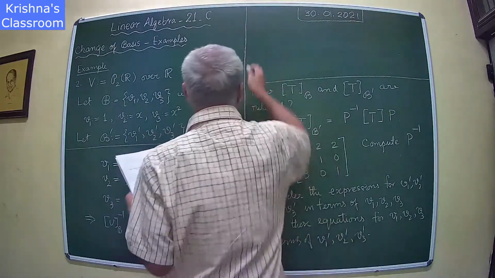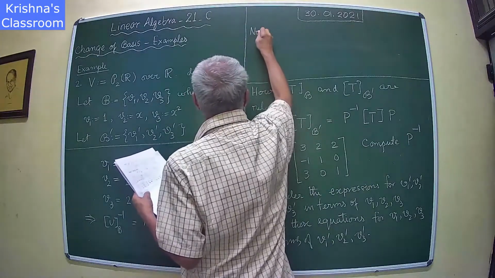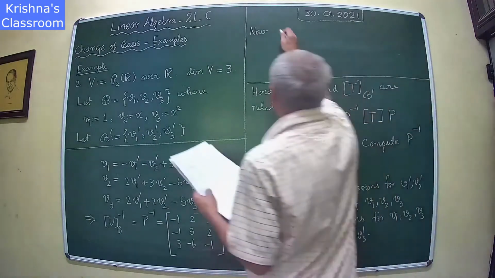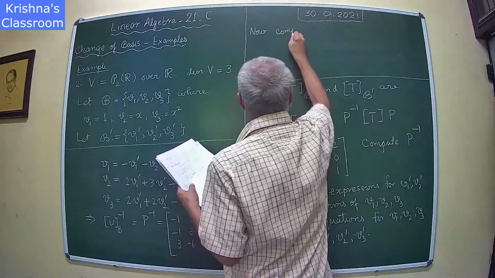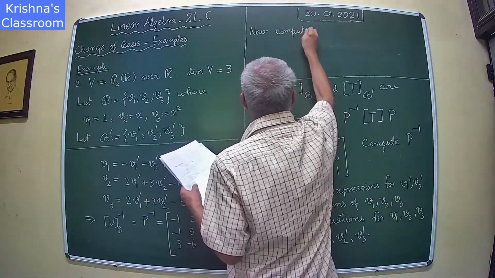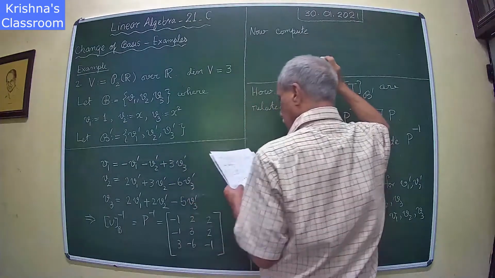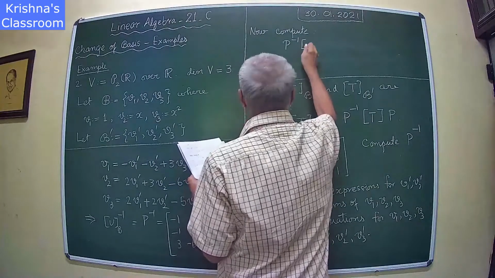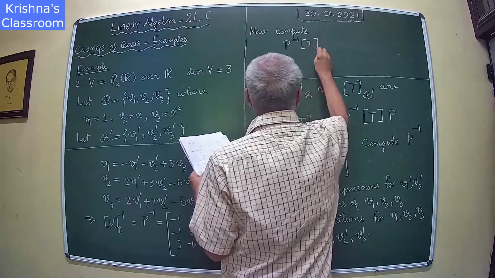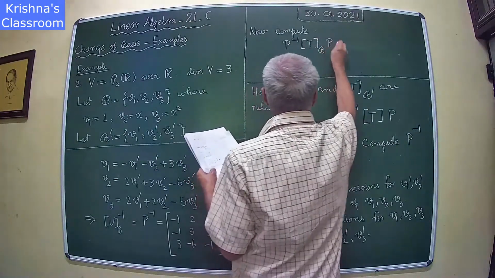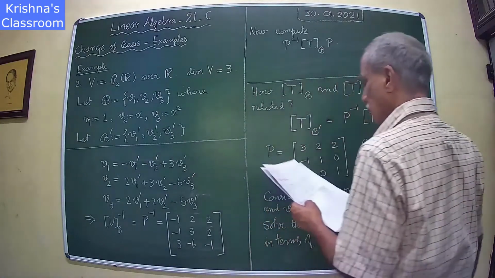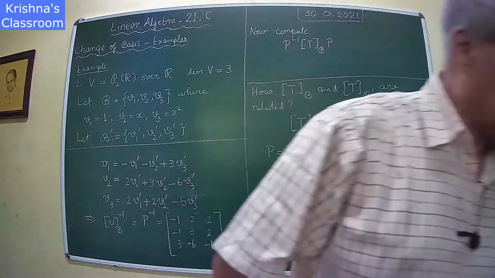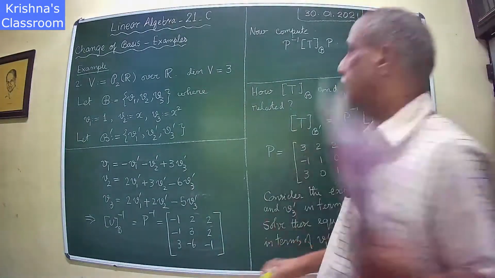Now compute P inverse T B P. This is in fact the product of three matrices. Let me just give the end product.